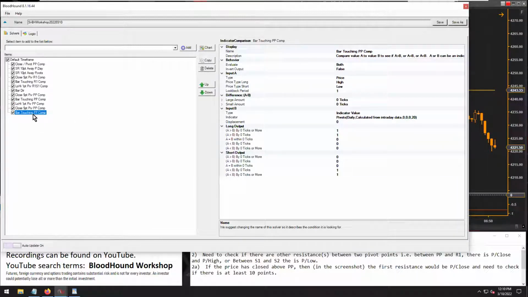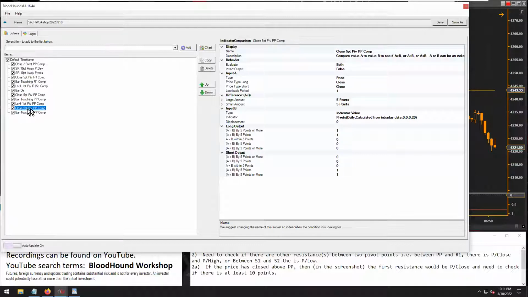There's that. And if you remember, we were going to use this solver that we created a while ago. We're going to use this twice because it works for R1 and S1. And we'll get into that here in a little bit.